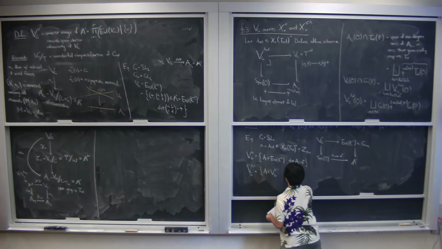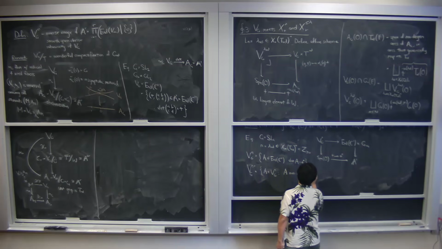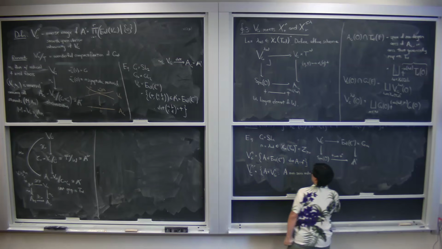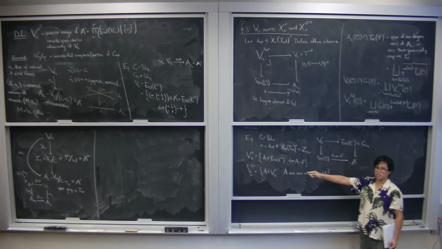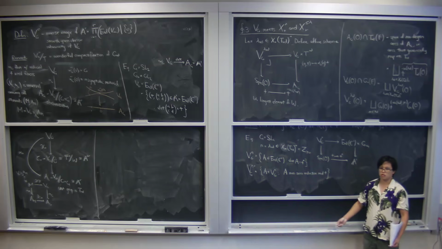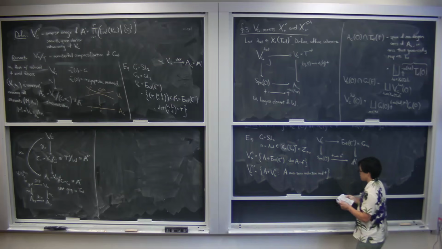So A has non-zero reduction on T. So basically when I bring T to 0, A shouldn't disappear. Like A will be like an actual element.